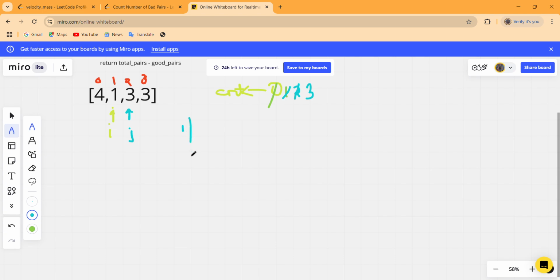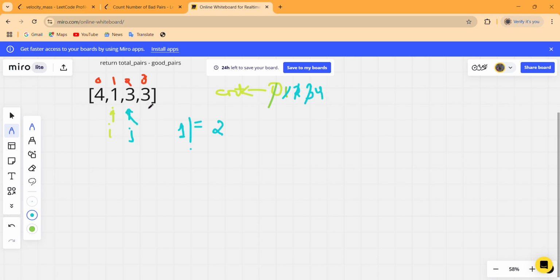If this 1 is not equal to nums of j minus nums of i, that means 3 minus 1 is 2. Yes, the condition is true, so this will increase our cnt.